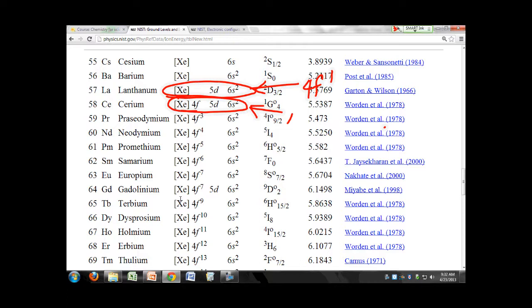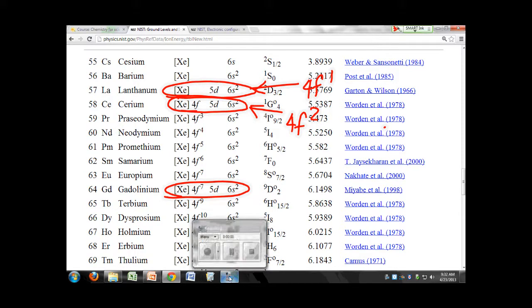Here, instead of 4F2, you have 4F1 5D1. So there are exceptions to that general pattern that you're taught in terms of coming up with electron configurations. And then here's another exception right here. Instead of 4F8, you have 4F7 5D1.